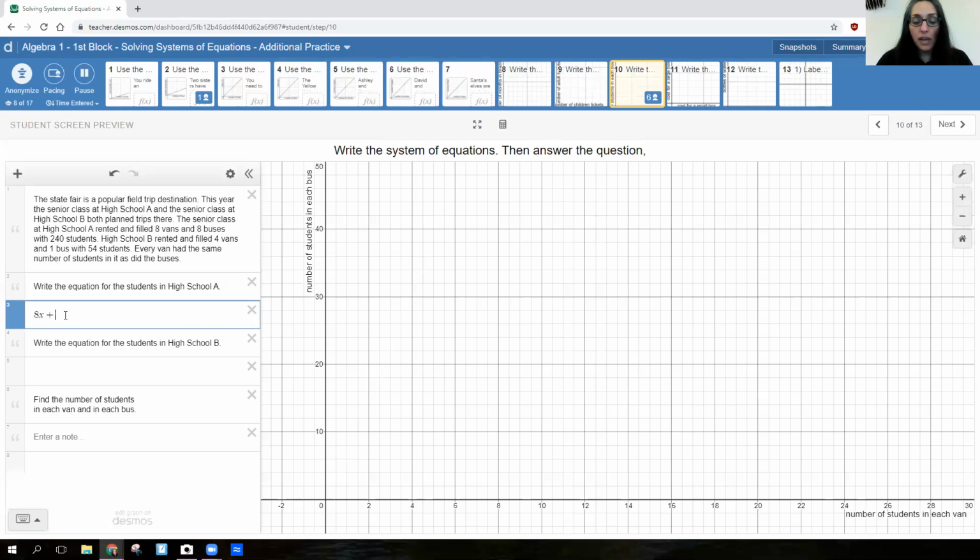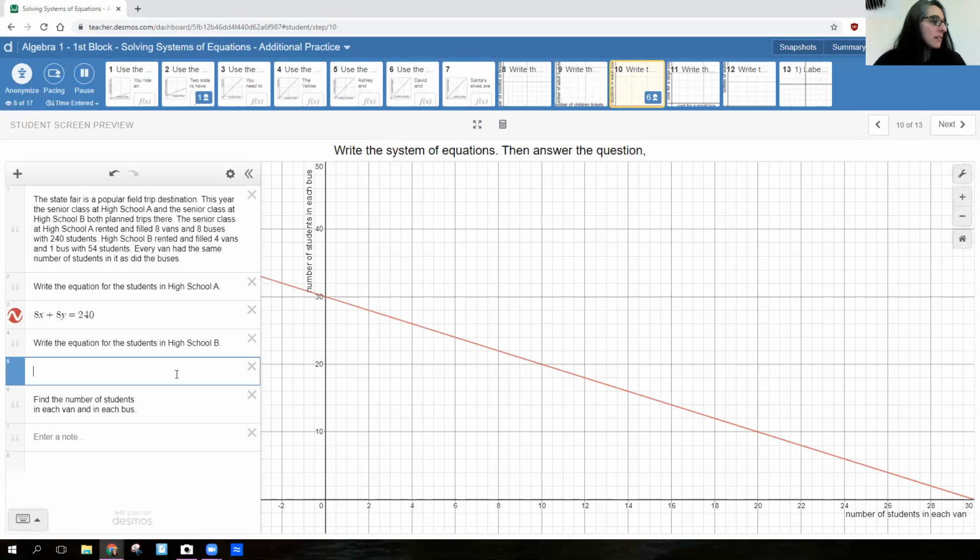8X plus 8Y equals 240. Okay. All right. High school B, 4 vans, 1 bus, 54 kids. So 4X plus 1Y, or you can just type a Y if you want to, equals 54.